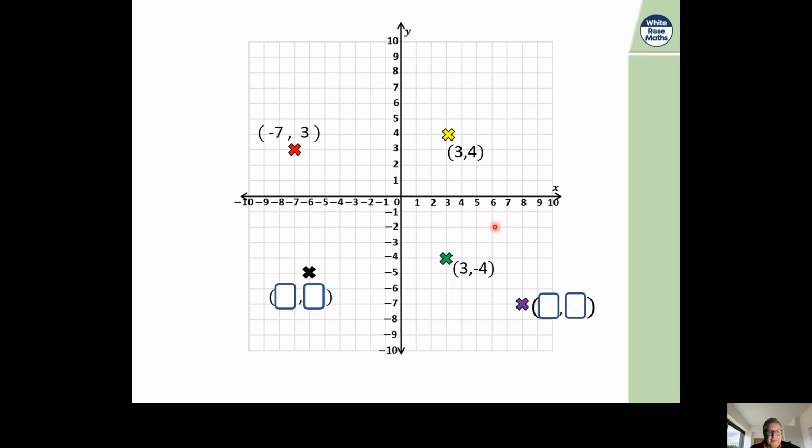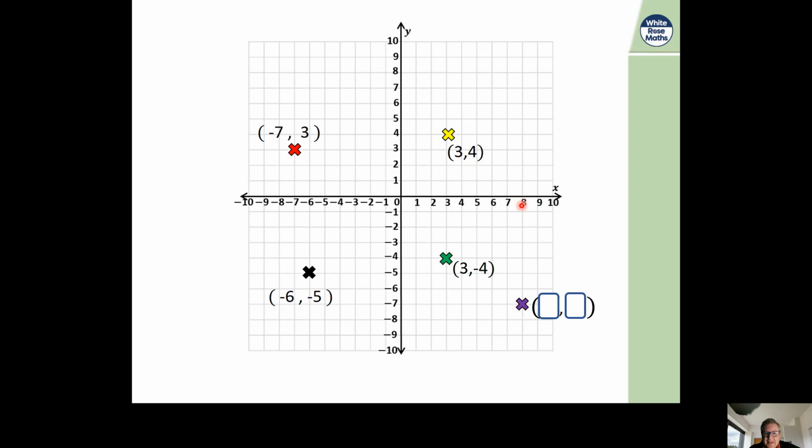I think I've got this now. This is the x. So if I draw a line here, -6, -5. Yeah, -6, -5. Yay. And this one over here.